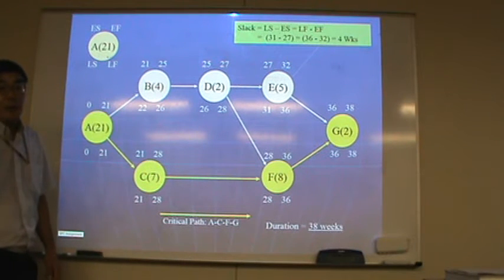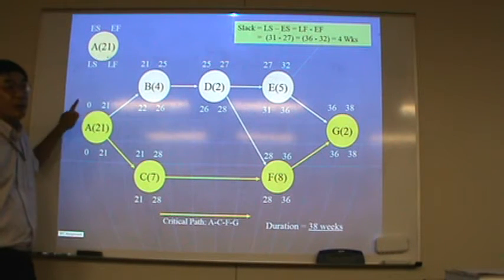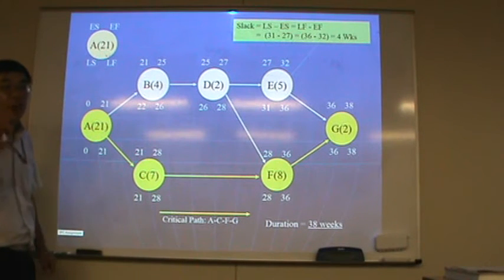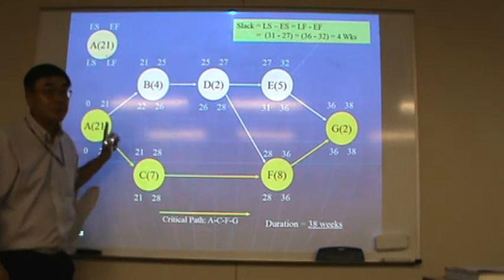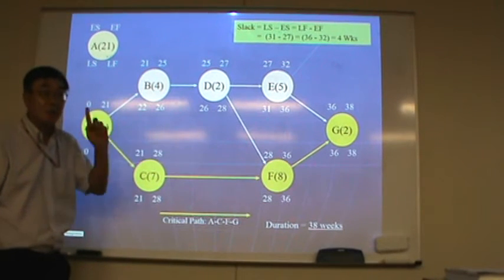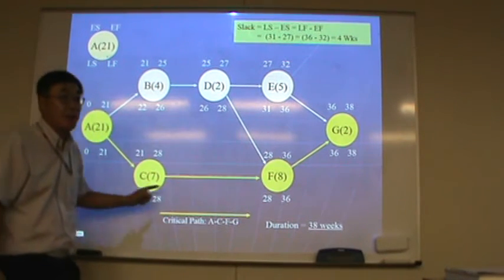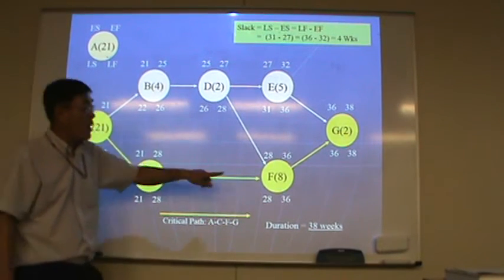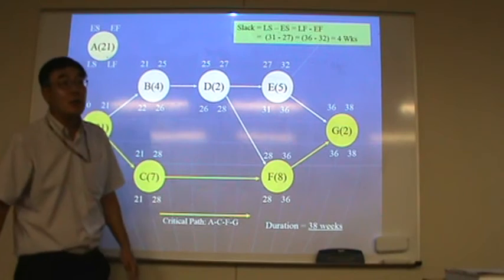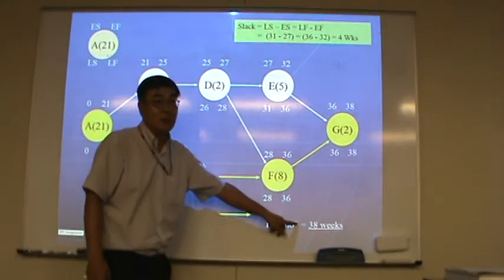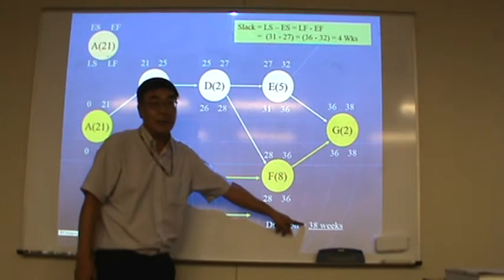For taking the test, you don't have to find early start, early finish, late start, or late finish. Just add up the activity times for each path; the longest is the critical path. In this network, A, C, F, G is the longest and the critical path. Project duration is 38.